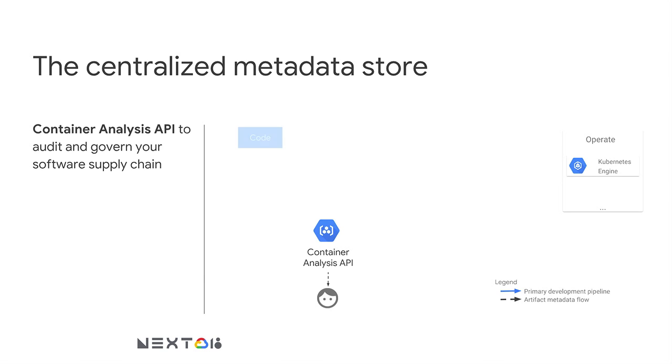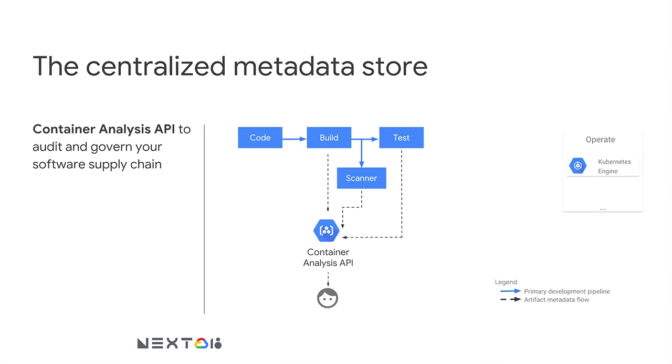So as a container goes through its build process, for example, the builder would generate a build record indicating what source was used for this container, what packages were included, when it was built, and who built it. The container goes through test, and the tester can write standardized metadata about the test result.